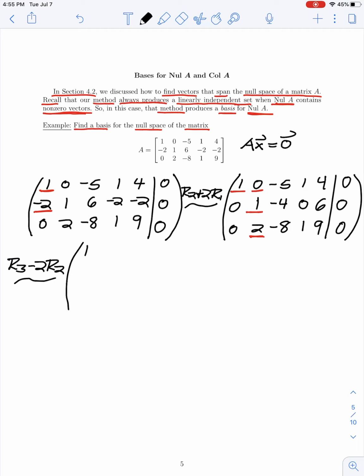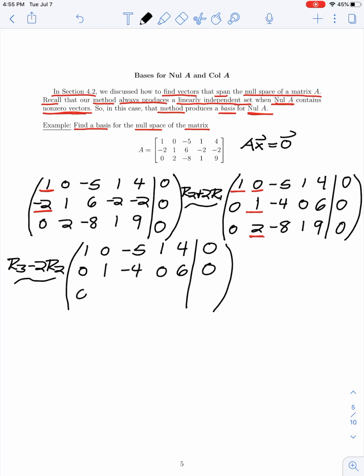So my first row remains 1, 0, -5, 1, 4, 0. My second row will be the same.